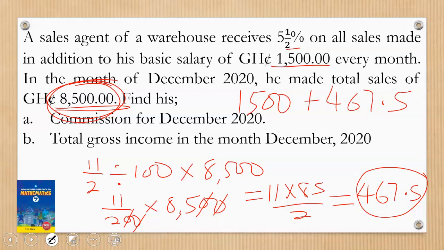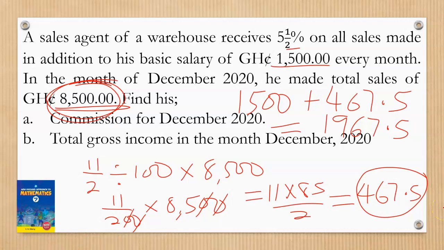So when we add 467.5 plus 1,500, our answer will be equal to 1,967.5 Ghana cedis. That means 1,967 Ghana cedis, 50 pesewas, will be the total amount he receives as gross income, right?